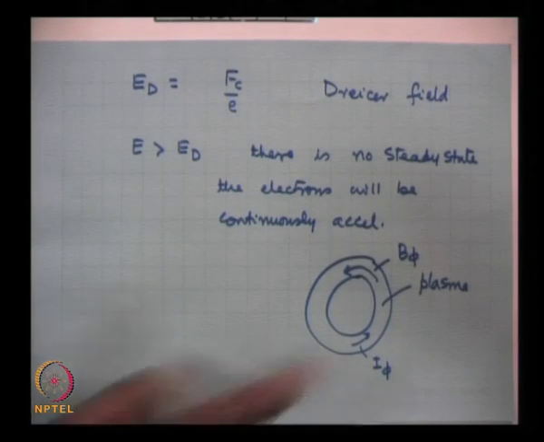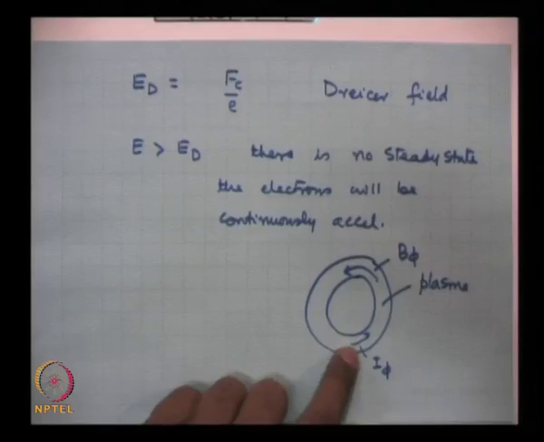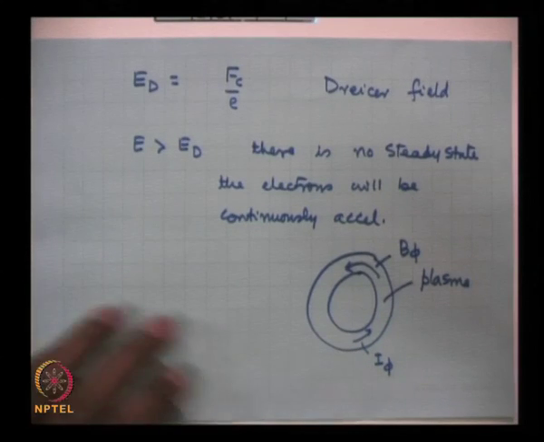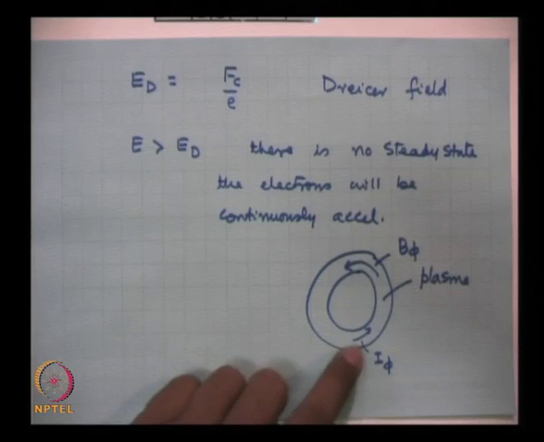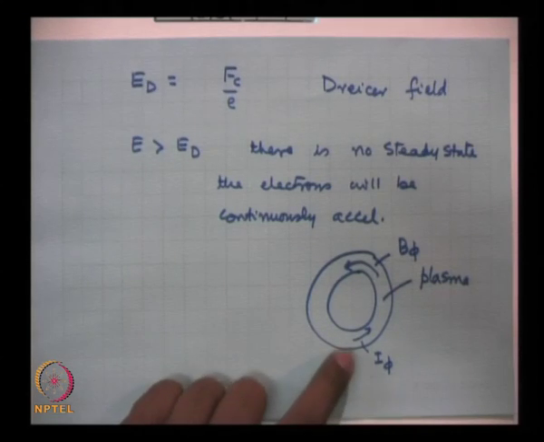The issue is who will carry this current: low energy electrons or high energy electrons. If you want to do this by low energy electrons, then the collision frequency for them will be very large, so the collisional drag force will be huge, and that will be a very inefficient way of current drive. So people have recognized that the current in the Tokamak should be carried by energetic electrons.